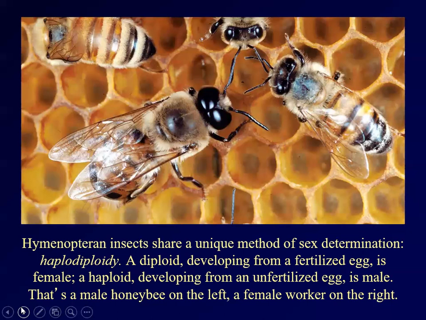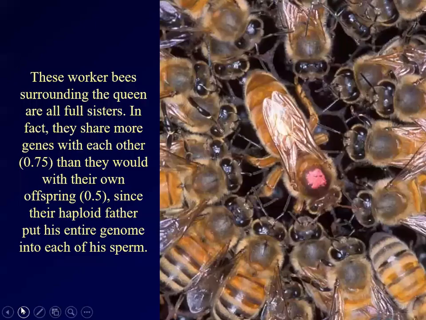Drones have these great big bug eyes, probably because their only job is to find a queen from another hive and mate with her. And you need good sense organs if you're going to hunt down a new queen who's ready to mate. Anyway, you can tell these apart very, very easily. So that's a queen. And by the way, she does not naturally have a pink spot on her. A lot of beekeepers will mark the queen with a small spot of non-toxic paint.